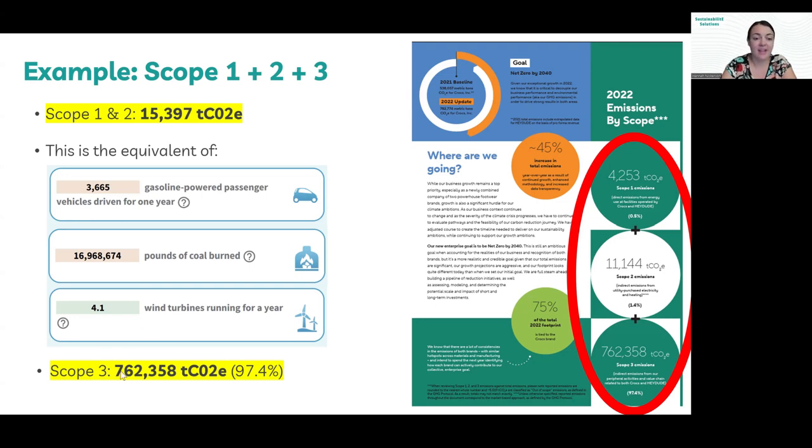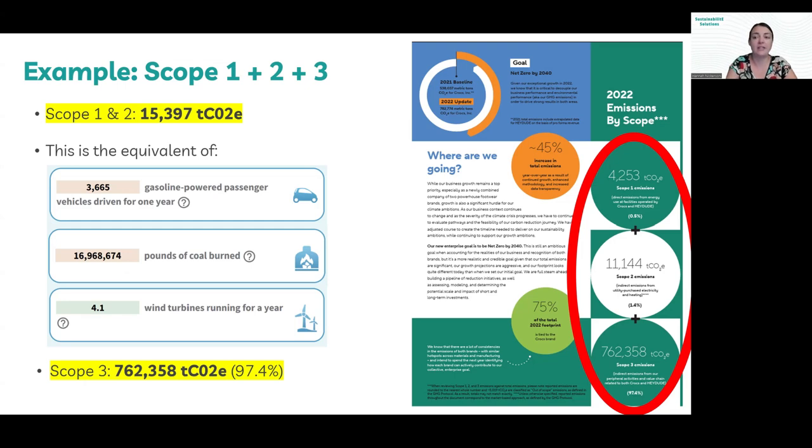Now, their scope 3 footprint is 762,000 tons of carbon dioxide equivalent. So that's actually over 97% of their total. And that is not uncommon, because your scope 3 footprint is everything that's outside of your facility.